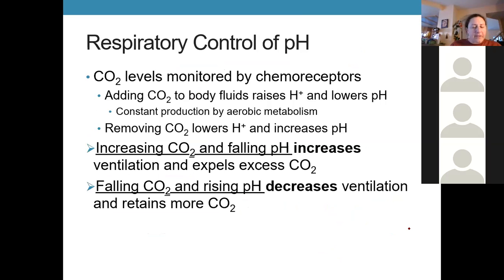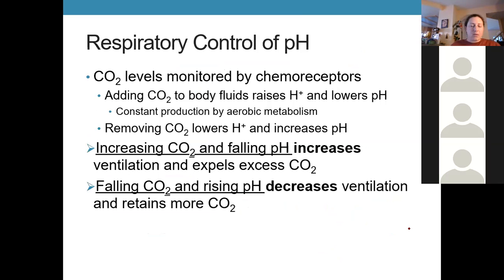Now the chemical buffers are pretty good at maintaining the pH of the different body compartments most of the time, but they're not perfect. And so we have these additional systems in place to kind of supplement that. The first one that's able to kick in is the respiratory control.